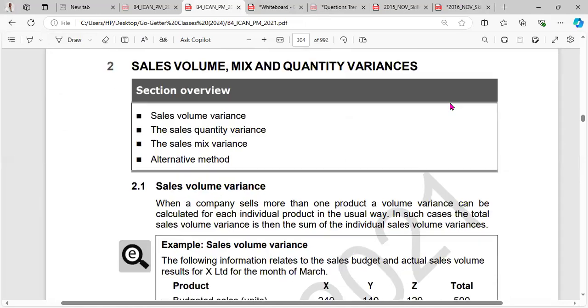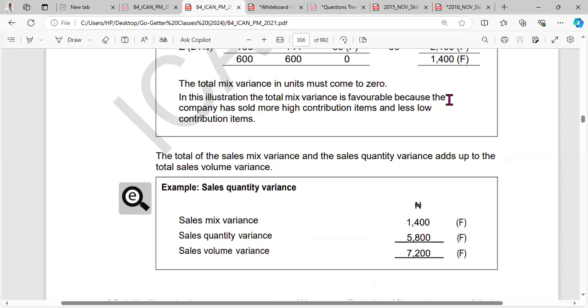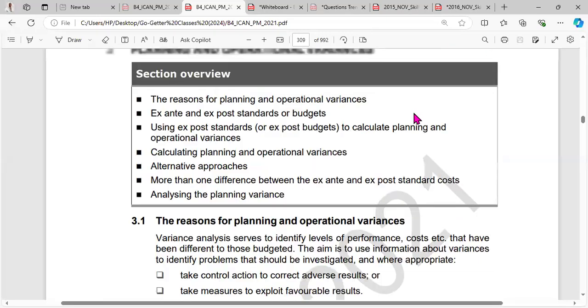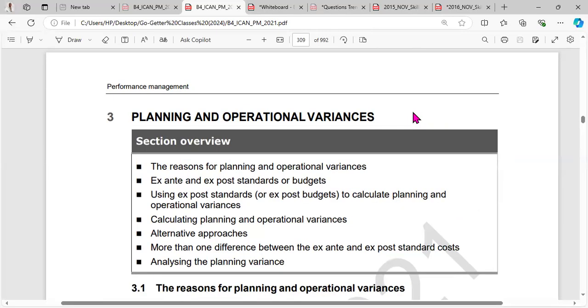That's almost like mix and yield variance for direct materials. When we look at that, then we'll look at planning and operational variance. After that, we'll take a question from the past questions, and that will be all for our class on variance.